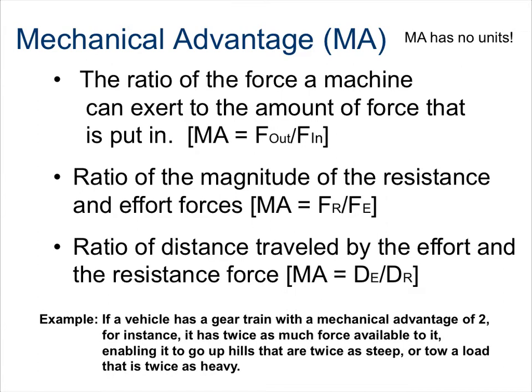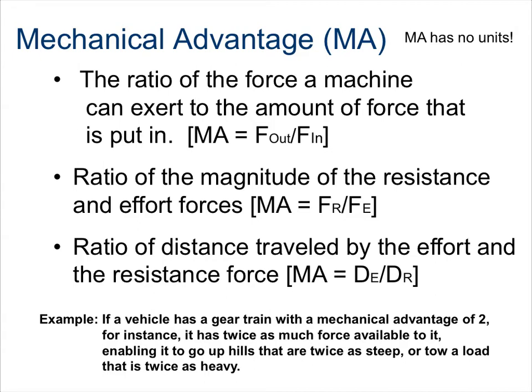So I would write this as mechanical advantage is equivalent to distance of my effort divided by distance of my resistance. So again, 3 total ways to calculate mechanical advantage. Force out divided by force in, force of my resistance divided by force of my effort, and then distance of my effort divided by distance of my resistance.